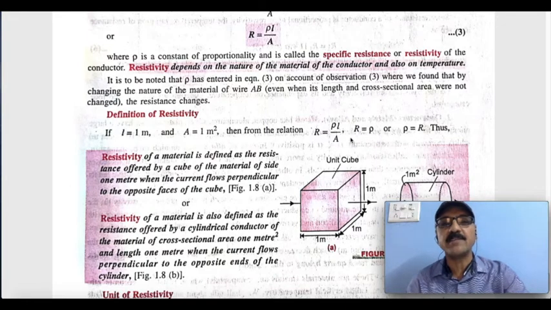That is, the resistance of the conductor is equal to the resistivity when the length of the conductor is 1 meter and the area of cross section is 1 meter square.